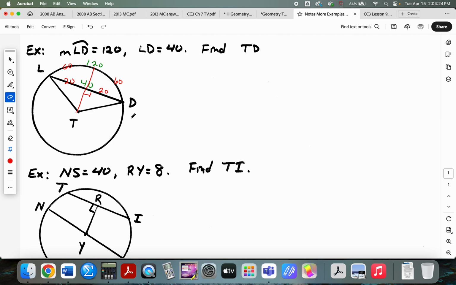We've got a right triangle, which is nice, but we only know one side of it, which isn't quite enough. But since this arc is 60, its central angle is also 60. So now I've got a 30, 60, 90 triangle.